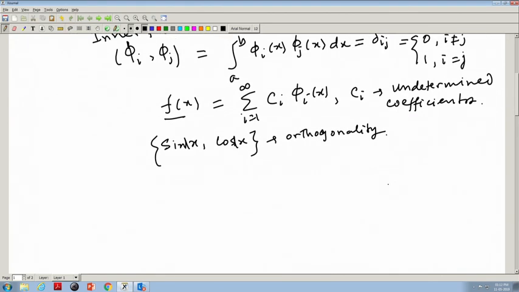And from there, I can write a Fourier series.